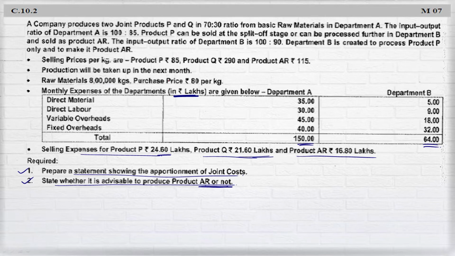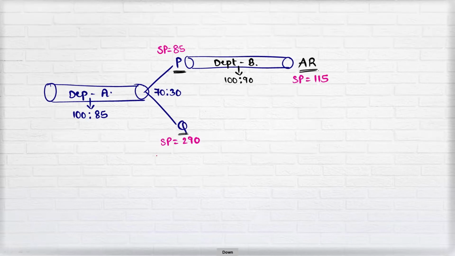Production will be taken up in next month. That is all right. Raw material of 8 lakh kgs with a purchase price of 80 per kg will be purchased. So how much raw material cost will come over here? All of you agree? How much raw material is input? 8 lakh kgs at the rate of rupees 80.